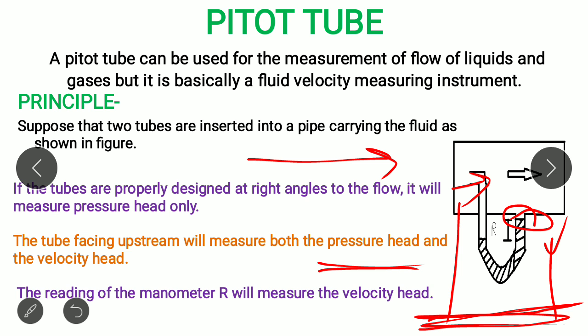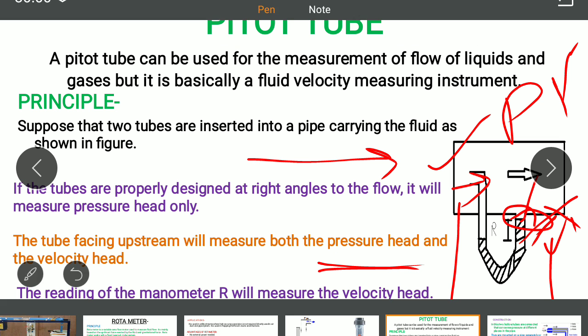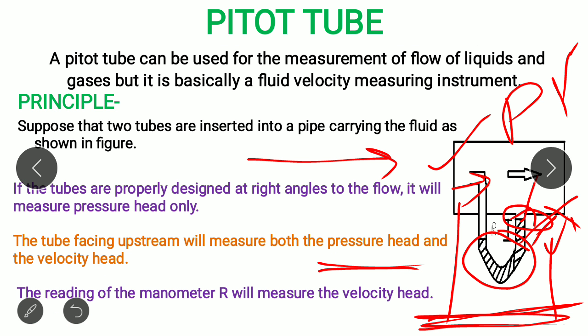Because this is perpendicular to the flow of fluid, no velocity head would be there. Here both pressure head as well as velocity head will be there. The pressure difference will be noted by this manometer.